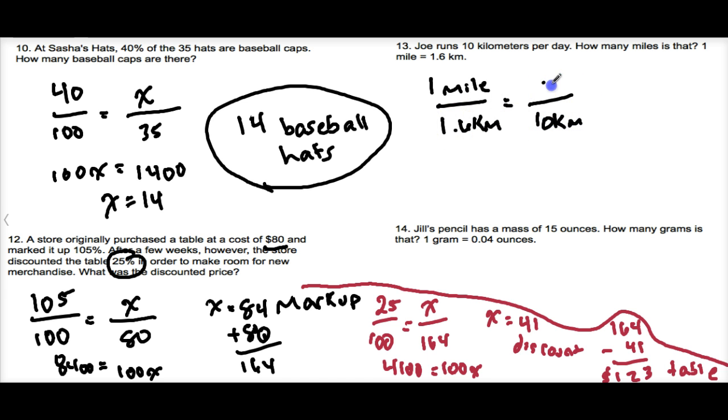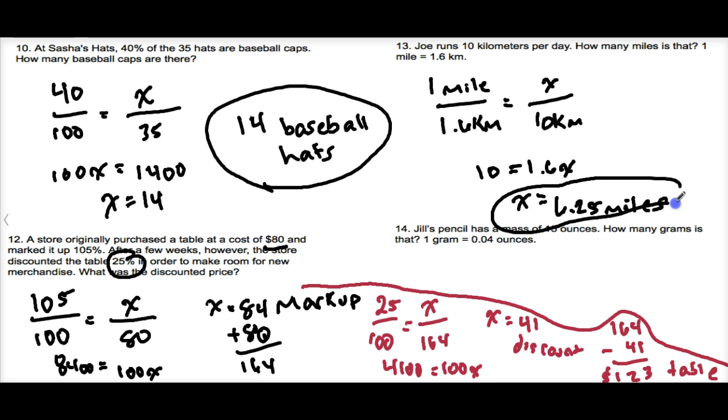So we cross multiply, and we get, and x is going to be equal to 6.25. And make sure you label it 6.25 miles.